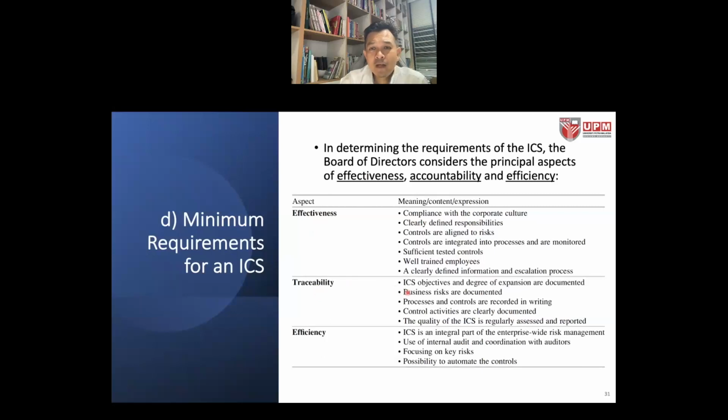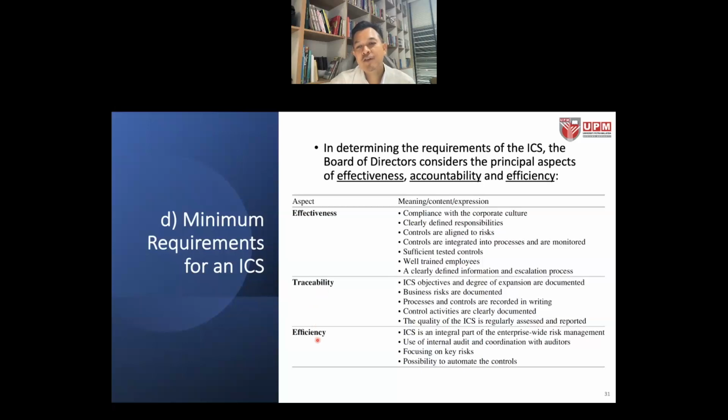Traceability. It means that the ICS objective and degree of expansion are documented, business risks are documented, processes and controls are recorded in writing, control activities are clearly documented, and the quality of the ICS is regularly assessed and reported. So that's what we mean by traceability. Okay.